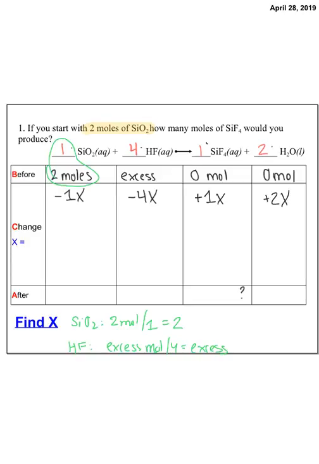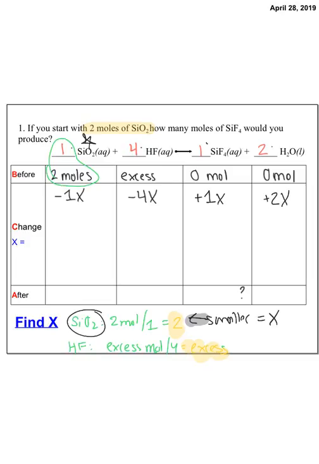But what we're going to end up doing to find our superstar is we're going to compare those two answers. And the smaller is going to be our x, which means this chemical is our limiting or our superstar.